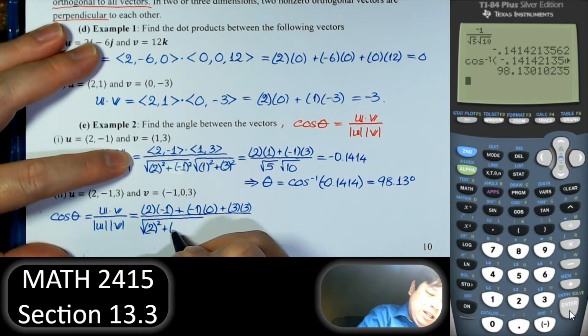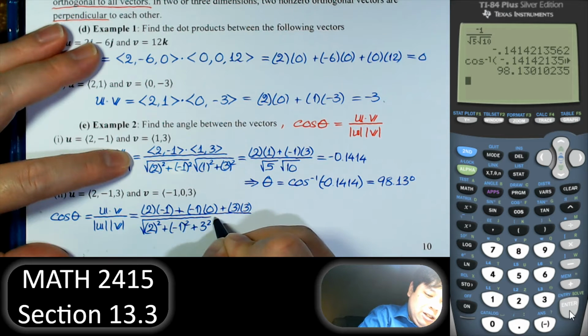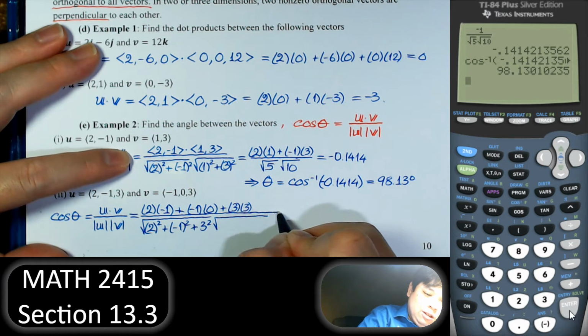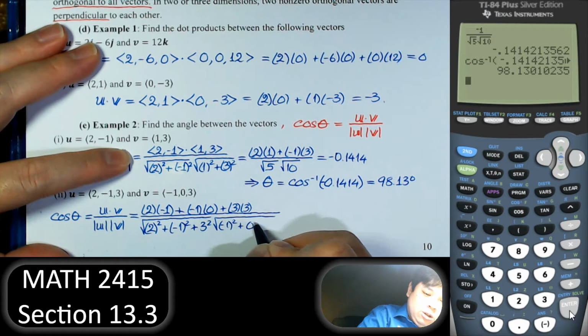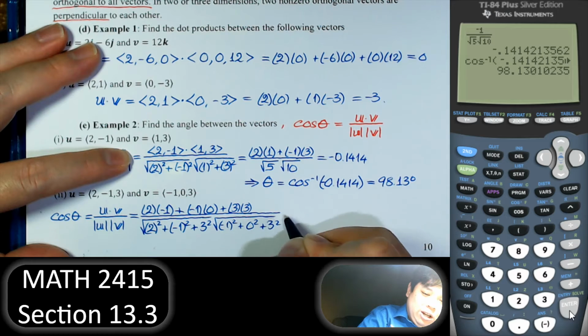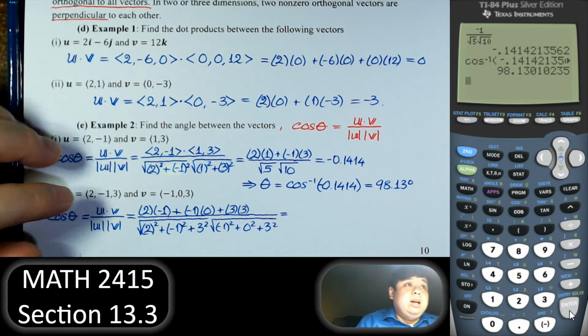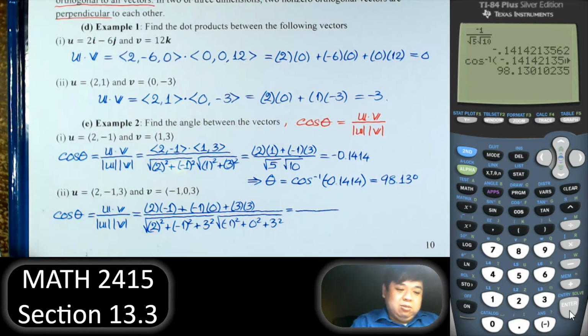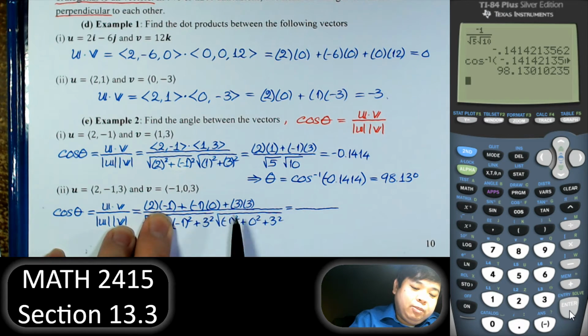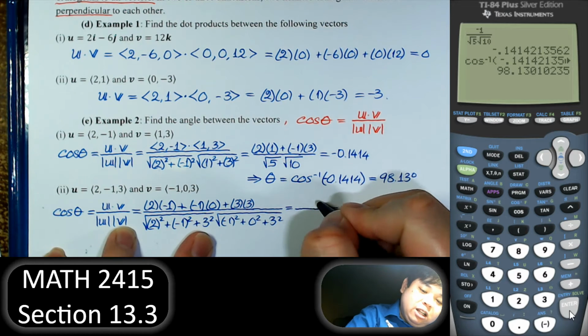Two squared, negative one squared, and 3 squared. Negative one squared, 0 squared, 3 squared. Right. Of course, I can just put the whole thing in a calculator, but so -2, 0, and 9, that's 7.